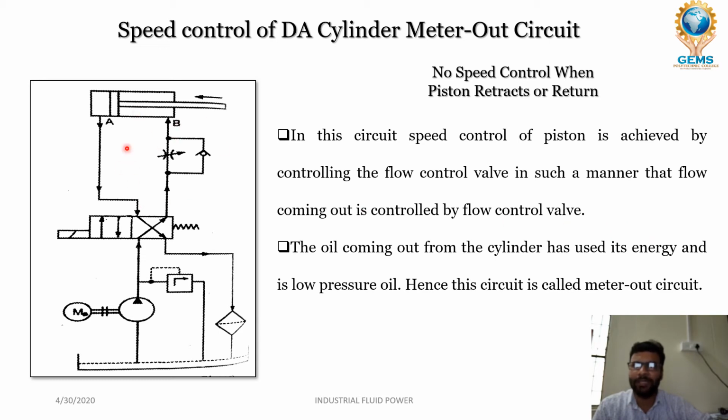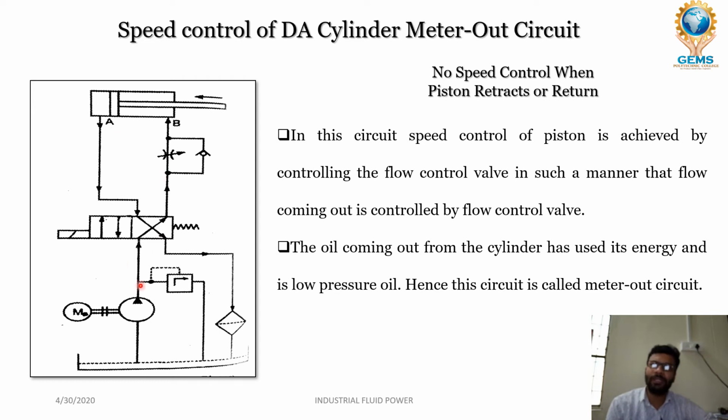It means not only the fluid coming in, but the flow of fluid coming out of the actuator is what is controlled. The oil coming out of the cylinder has used its energy and is low pressure oil. Hence this circuit is called the meter out circuit.